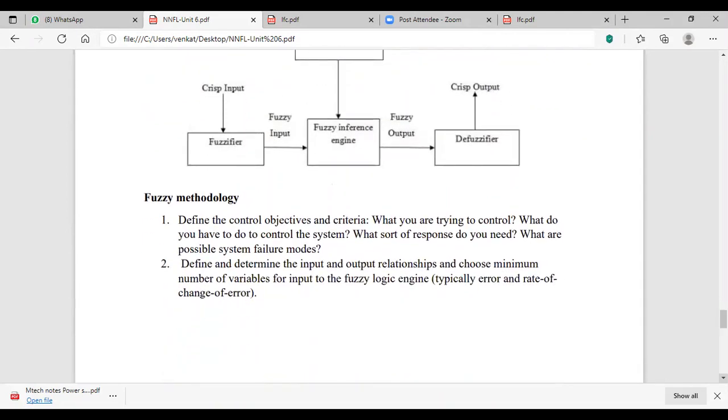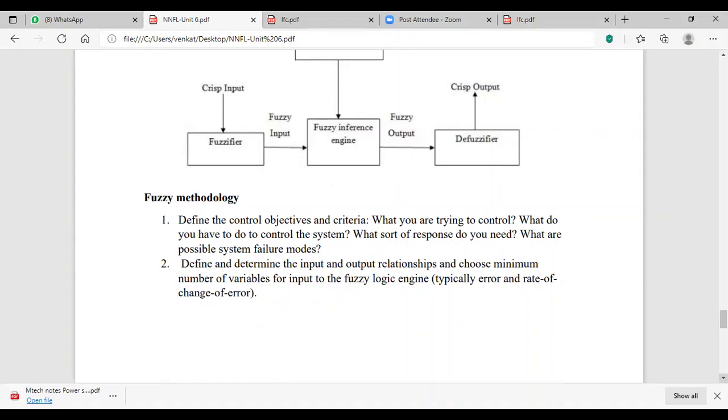So you need to define the objectives and criteria. What you are trying to control, what sort of response you need, what are possible system failure modes. So define and determine input output relationship.